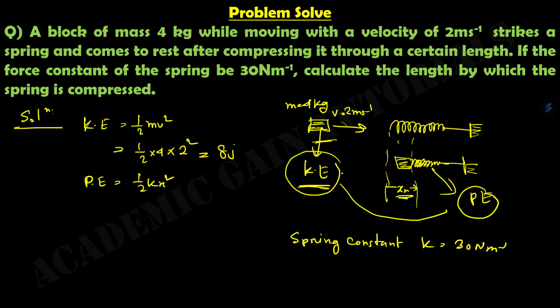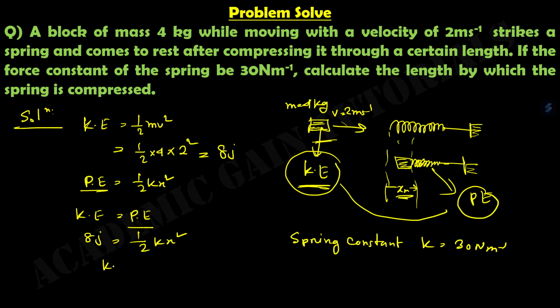As I mentioned earlier, here our kinetic energy is converted into potential energy, so the kinetic energy will be equal to the potential energy. Our kinetic energy is 8 joules, and for potential energy we use half of k x squared.